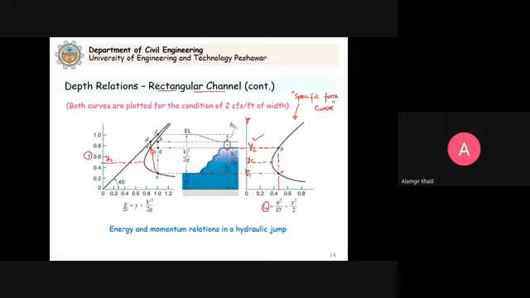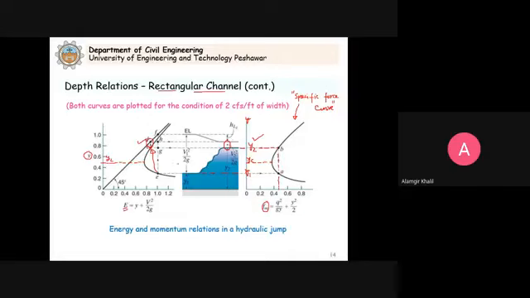This V2 square by 2G is given by this line here, CD. This CD, you see here, is the same as this V2 square by 2G, just vertically here. This is how you can determine V2 square by 2G.